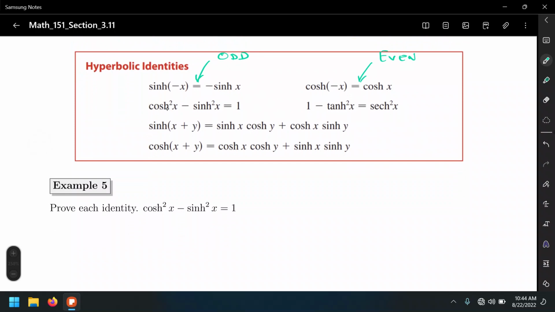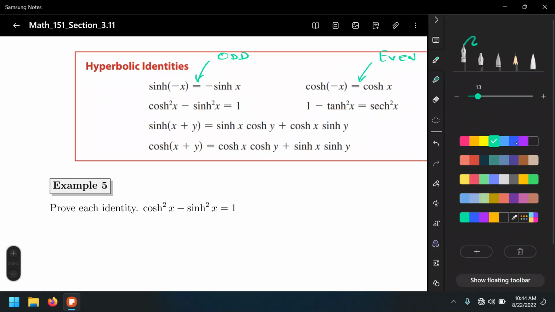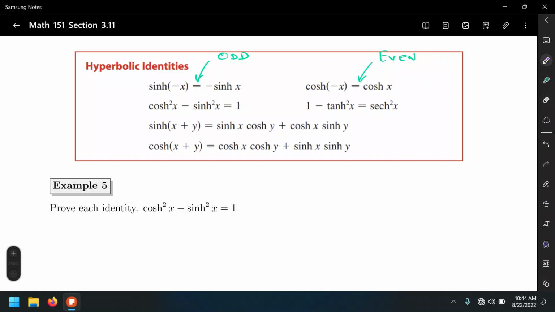All right. And we need to be careful with some of the identities. In this case, what do we have? Cosh squared minus sinh squared equals 1. Yes, it is similar to another identity from trigonometry. In particular, the one I'm referring to is cosine squared theta plus sine squared theta equals 1, but plus in this case.